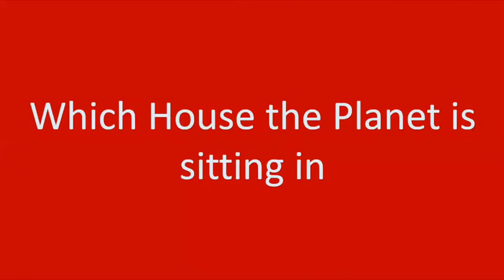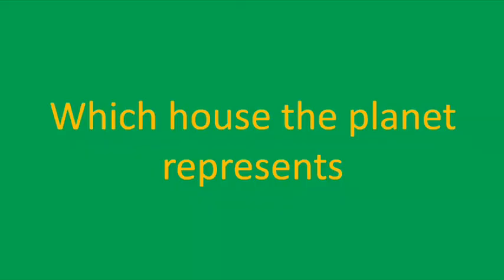Let's see what we have to see next when we are going to judge a planet. Which house a planet represents? That's also important. So let's say Moon. Moon represents the fourth house and it sits in the fifth house. So the fourth house is a Kendra house and the fifth house is a Trikona house. These both are auspicious houses. And if it's in a friendly sign, it's going to give good results.